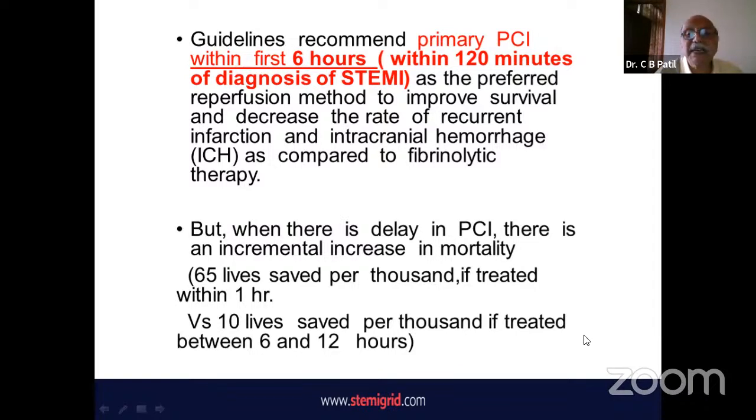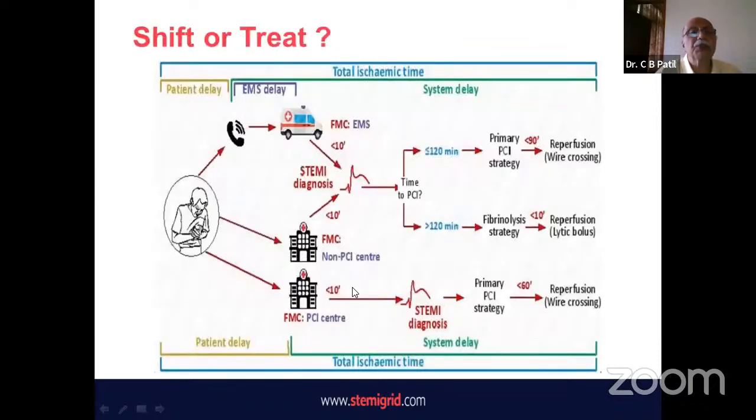But when there is a delay in PCI, there is an incremental increase in mortality. 65 lives are saved per 1,000 if treated within 1 hour, versus 10 lives saved per 1,000 if treated between 6 and 12 hours.